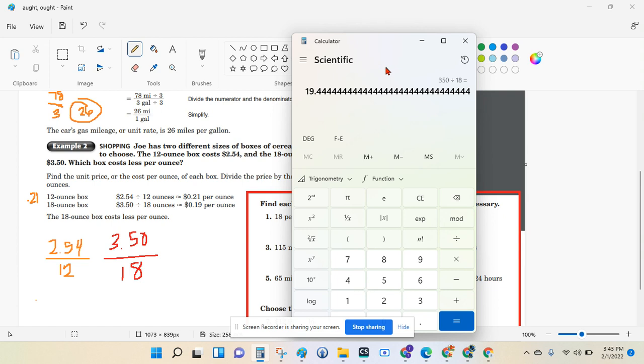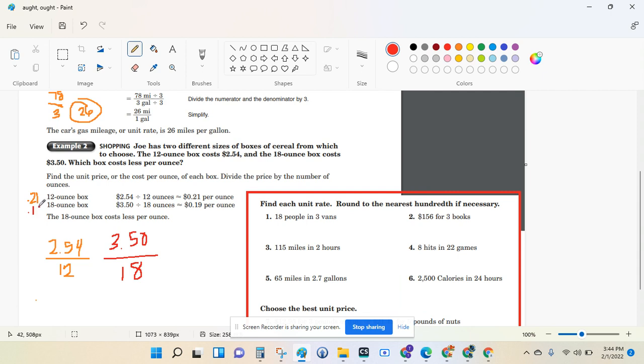Well, the whole box doesn't cost that, so you know it's not going to be $19 an ounce. So you want to make sure you put in that decimal, which gives you a decimal, and when you round it, 4 is not enough to go up, so it's 19 cents. There's a big difference between $19 and 19 cents. Okay, so the 18-ounce box is 19 cents.